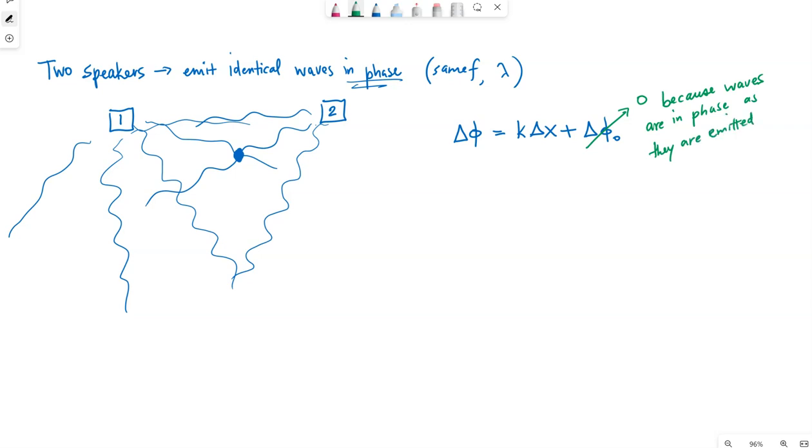Meaning, as they come out of the speaker, they're in phase with each other. Ultimately, when we look at any one location that both waves travel to, we're trying to find out if they're meeting up in phase or out of phase or somewhere in between. And that's what the rest of this equation is going to represent. We know for constructive interference, delta phi has to be a multiple of 2 pi.